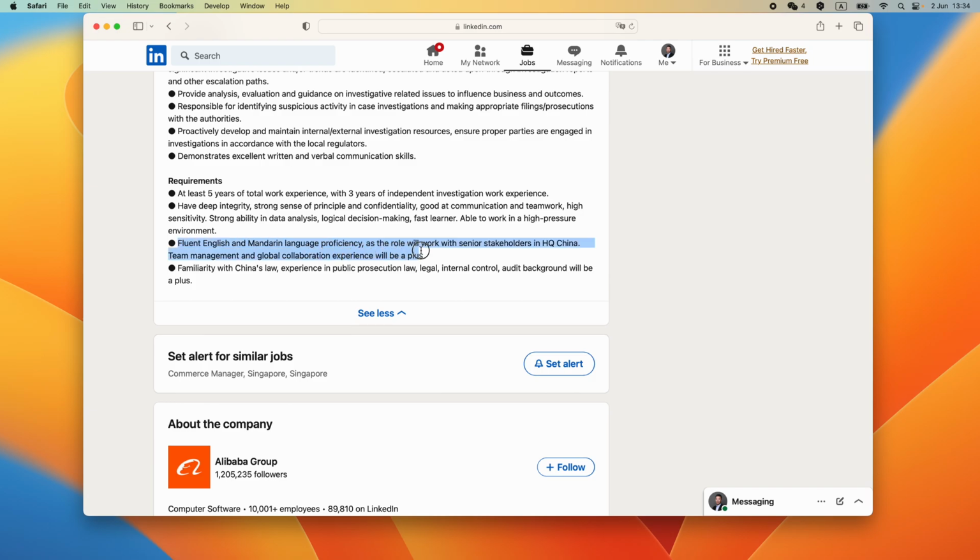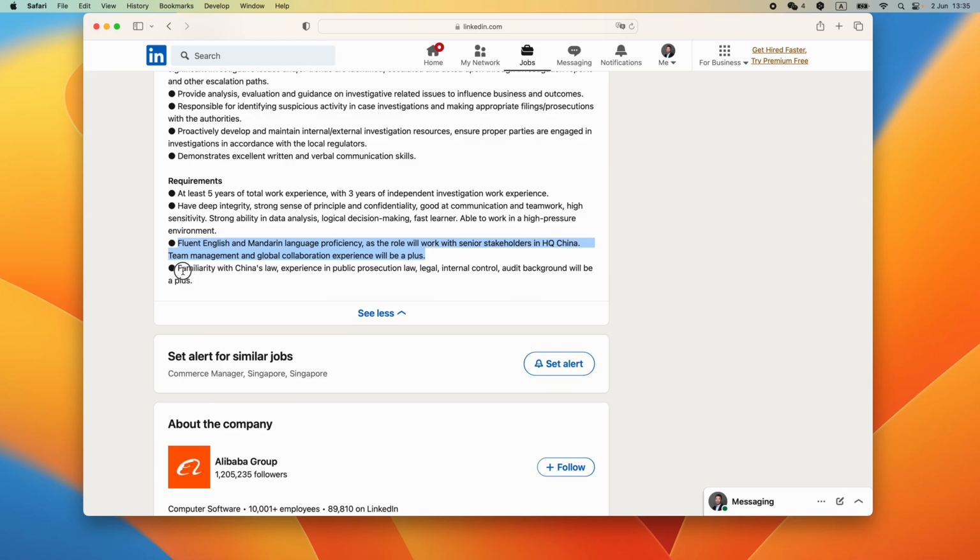I think this is an operation you must report to China as a headquarter. Maybe you can get approval from China. So you must speak Mandarin, and they will have the decision making. So you must handle the whole workflow, but you cannot have the power to do it.